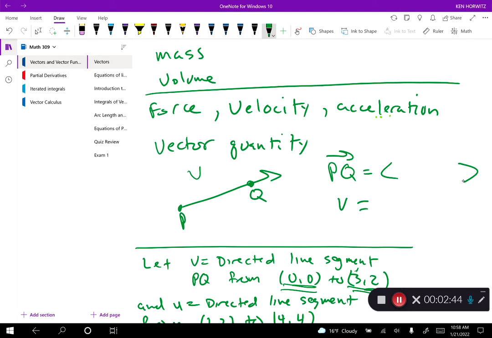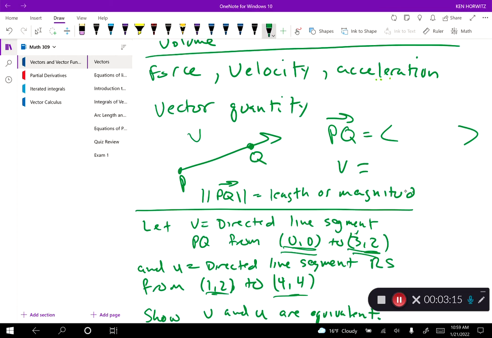Also, if we want to know the length of PQ, that's called the magnitude. The magnitude is denoted by two straight double lines. So if I want to know the magnitude of PQ, I would write it like that. And that would give me the magnitude, excuse me.